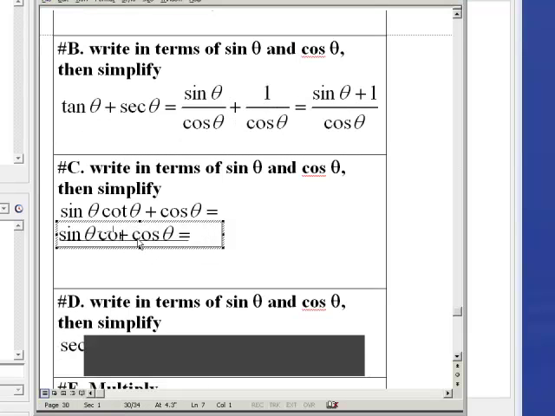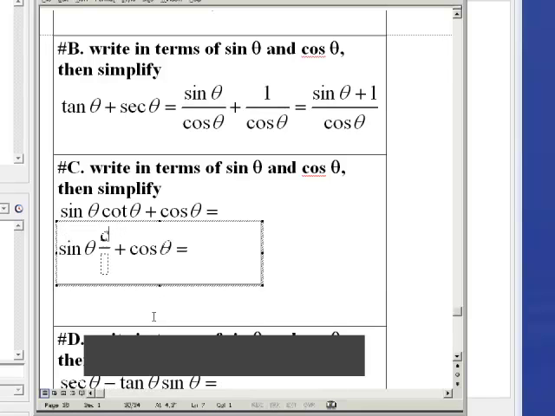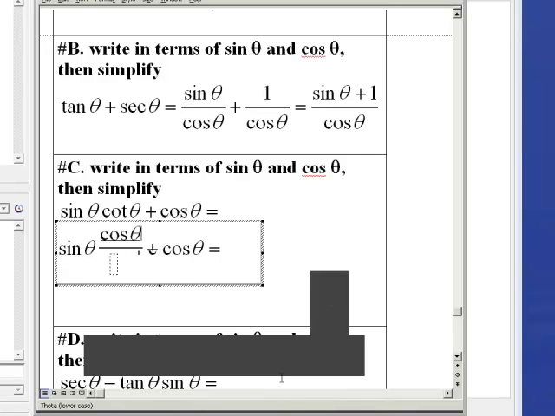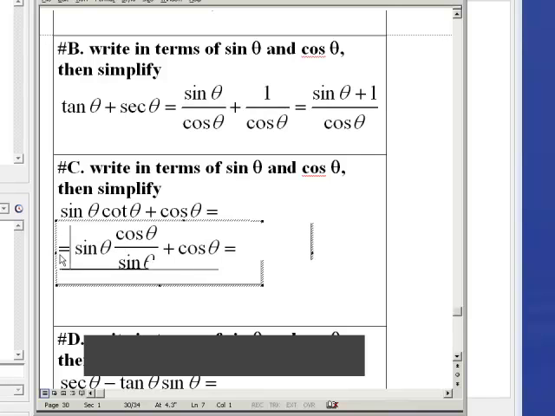Okay, the cotangent theta is going to become cosine theta divided by sine theta, and we will see in just a moment we can cancel that. Oh, that's going to look neat. So here sine theta canceled, so we're going to have cosine theta plus cosine theta, which of course is 2 cosine theta.